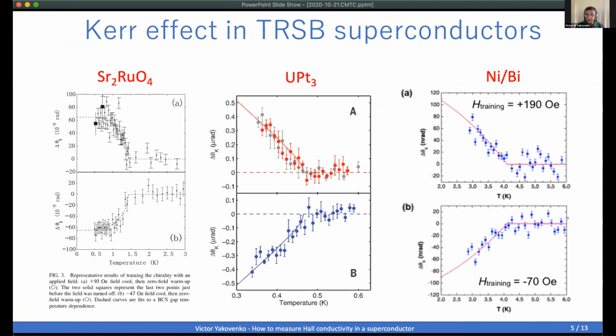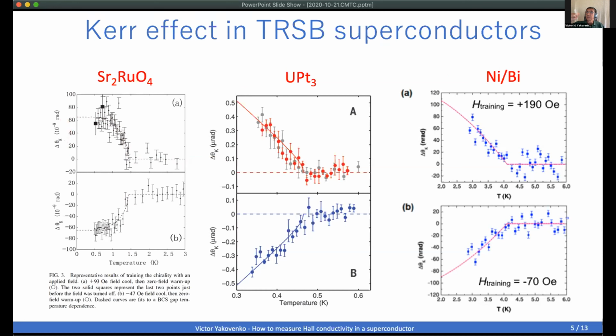And this is the result that they obtained using this apparatus. This is my more or less last introductory slide. They first measured this material, and then various other materials, uranium platinum 3, and so on. There are half a dozen materials by now; this is not an exhaustive list. The typical observation is the Kerr angle, the rotation of polarization from interference between these two beams, which is basically zero at higher temperature, and at the superconducting transition temperature a non-zero signal appears.